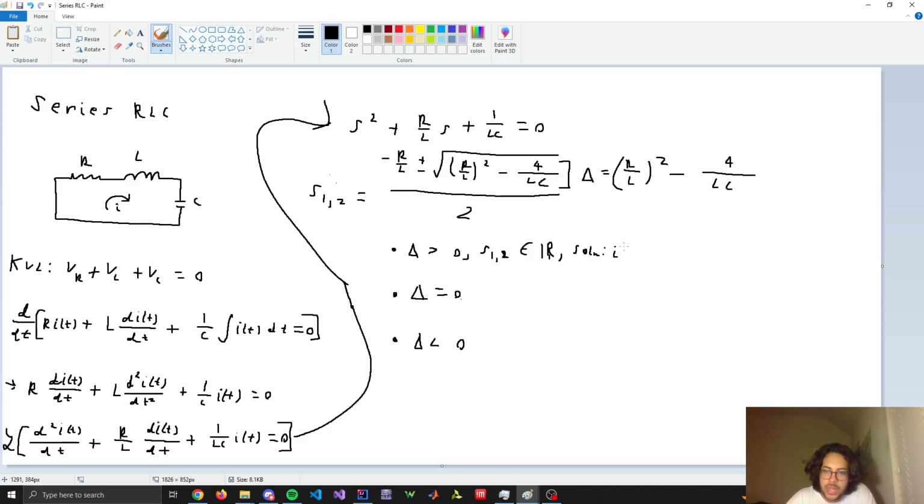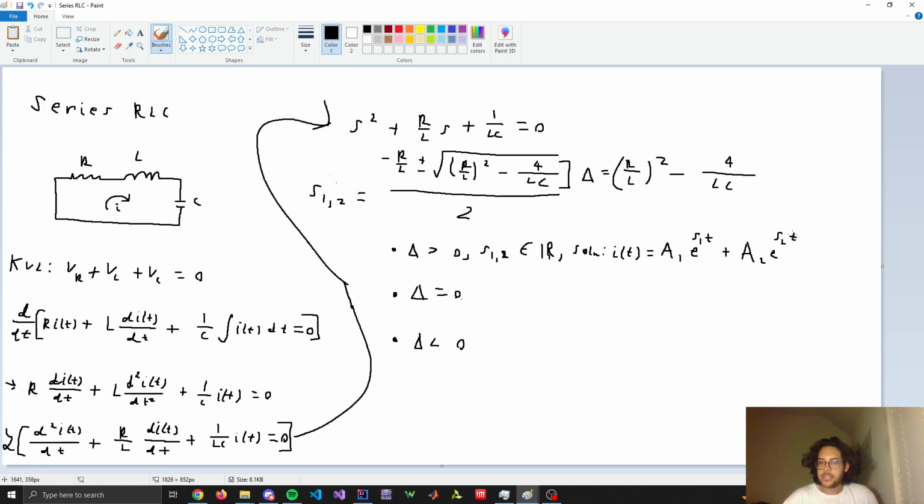So the solution, remember we're solving for i of t, is going to be a linear combination of exponentials. So we're going to have one constant, a1, times e to the first root times t, plus another constant, a2, times e to the s2, the second root, times t.